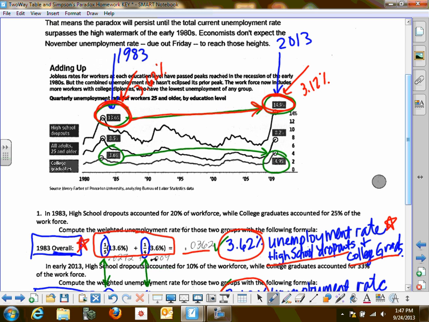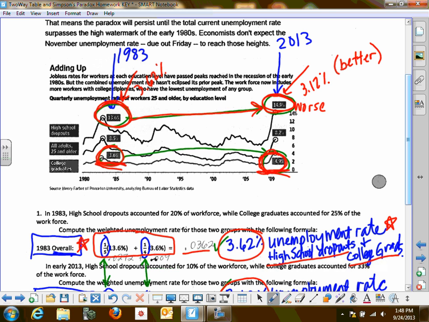So 2013 is worse. Okay, and in this one, by the way, remember with the overall, it looked better. But when we looked at it individually, it's worse. Okay, let's look here. This is college graduates. So in 1983, 3.6% of college graduates were unemployed. In 2013, 4.9% of college graduates are unemployed.